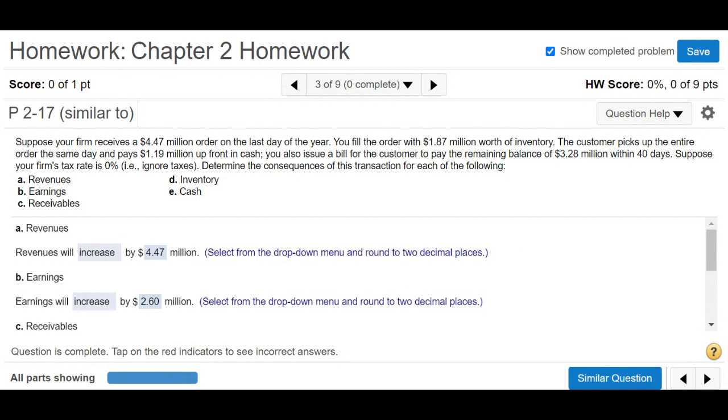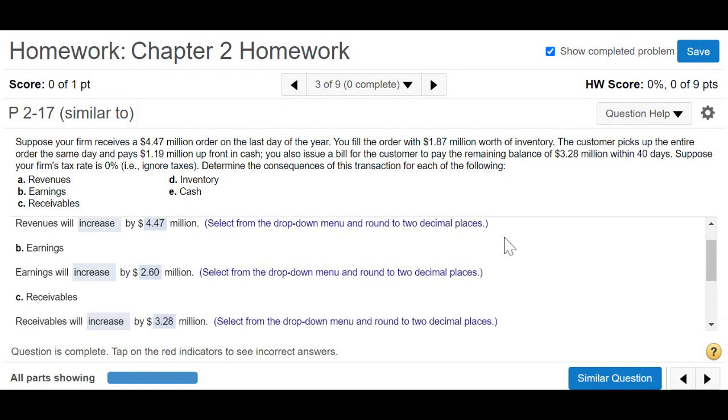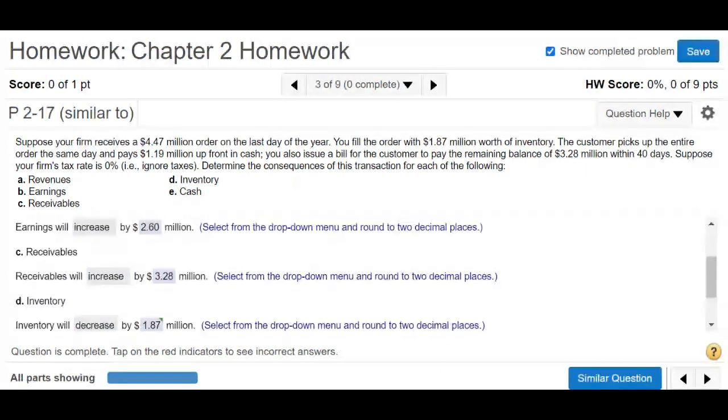Are you with me? Are you listening to me? Yes, Professor, I'm listening. Okay. So you have to subtract that from the revenue amount, and our earnings have increased by 2.60. Then they want to pay us 3.28 in 40 days, so our receivables increased by that amount, 3.28.